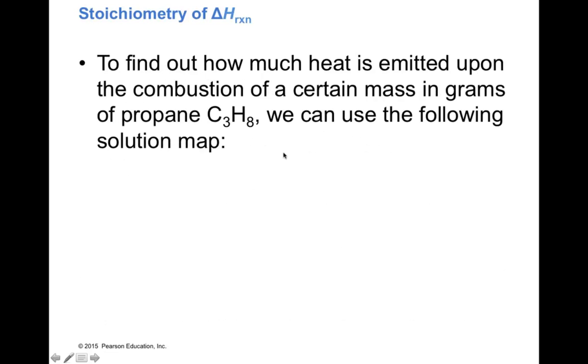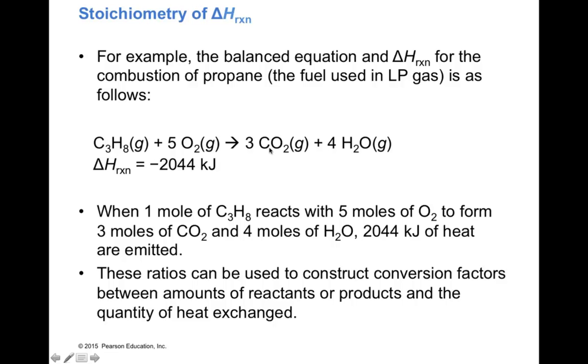Or also we can say that when 3 moles of carbon dioxide are produced, 2044 kilojoules of energy is released. As well, we can use another conversion factor: when you produce 4 moles of water, it will release 2044 kilojoules. So this also can be used as part of the ratios that can be obtained from a balanced chemical reaction.